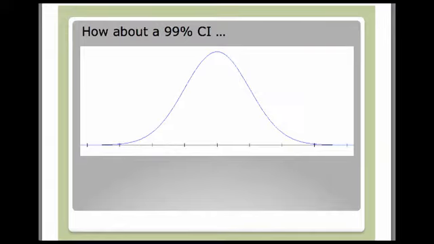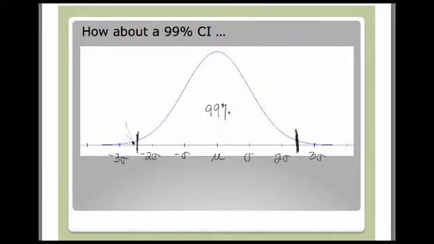We only went 99%, not 99.7%, so it's probably not going to go out quite as far as 3 standard deviations away. But it's probably going to be close. So maybe I'll just call it right here. So this is 99% in the middle.